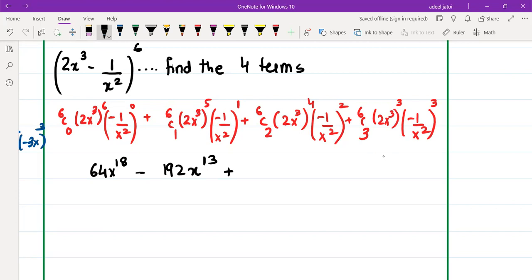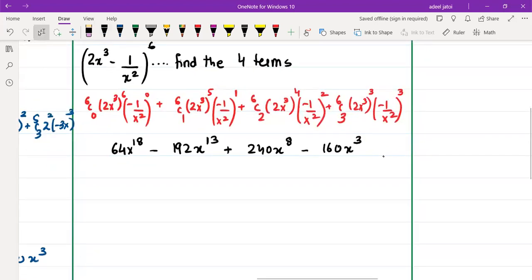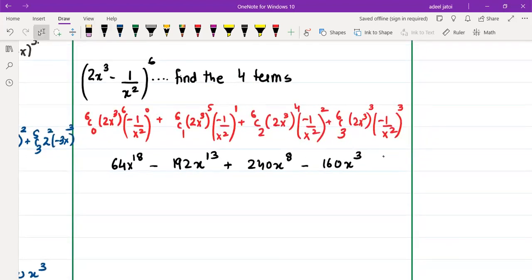Similarly, (−1)² will be 1, but x² squared will be x^4. So the final result for this is 240x^8 after we cancel x as well. Then finally the last answer for this should be −160x³. So these were the first 4 terms that were taken out for (2x³ − 1/x²)^6.